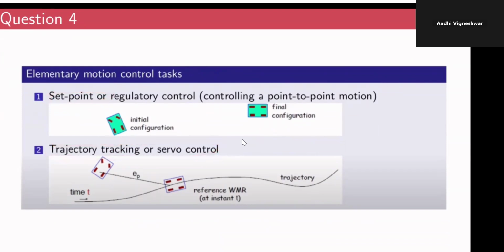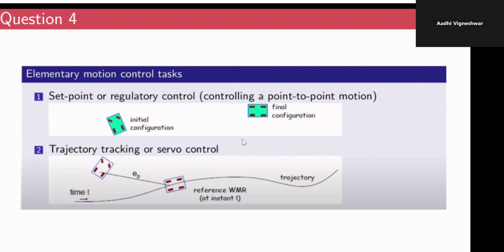In set point control, if you consider the path from the initial configuration to the final configuration, we consider the velocity at each instance to be 0. Our only goal is for the robot to stabilize at the final configuration, so the target velocity at each of these points is 0.